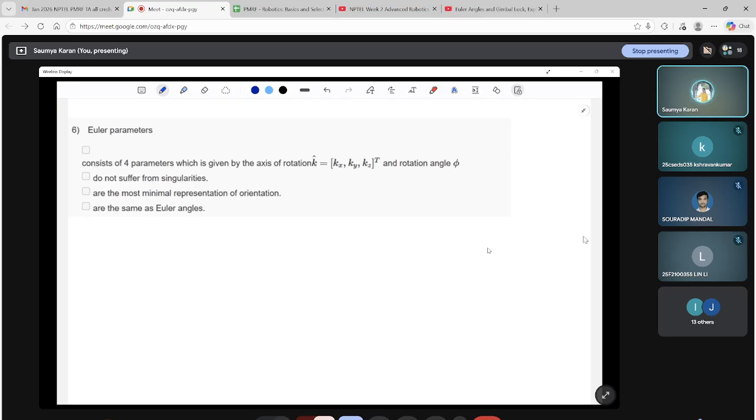The gimbal lock problem is not there. That means they do not suffer from singularities. Apart from that, they consist of 4 parameters, which is given by the axis of rotation and the rotation angle. So we have the axis of rotation and the rotation angle, which actually helps us to know what the quaternion is.